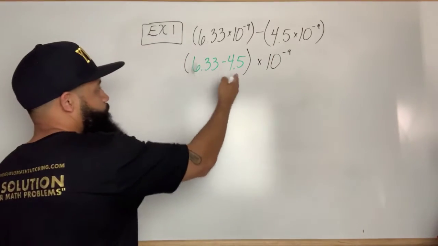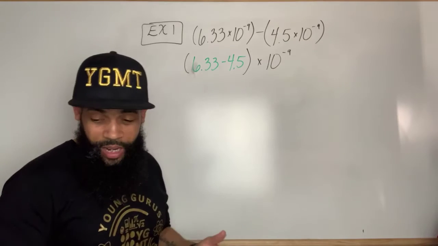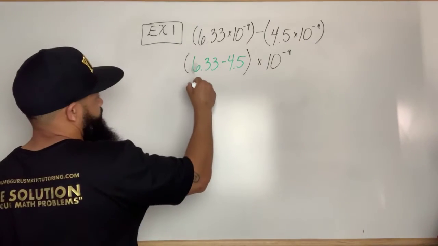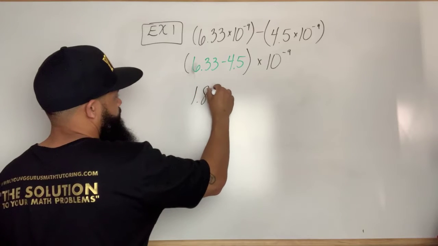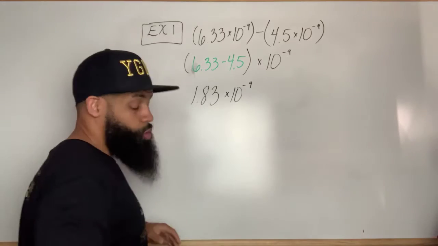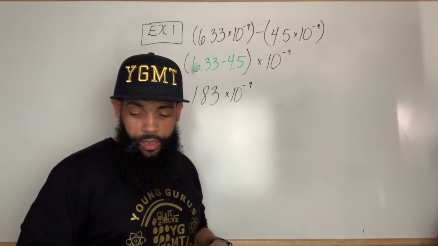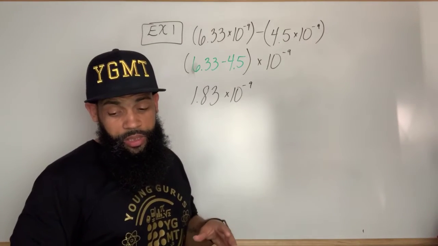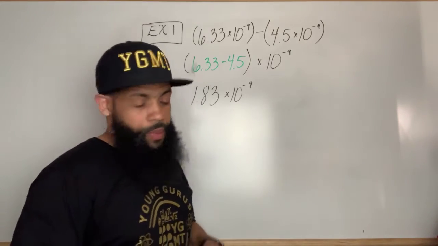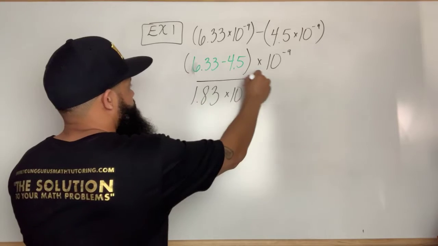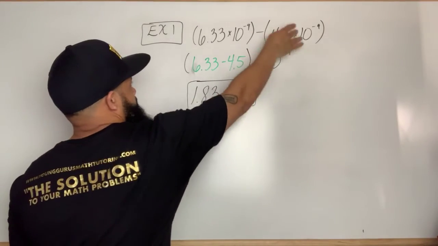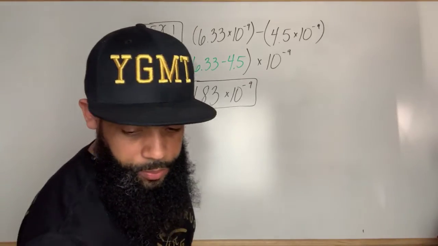Well, 6.33 minus 4.5 is going to give me 1.83, and then it's going to be times 10 to the negative 9th power. This is our final answer for example 1. All we did was subtract the first numbers because they have the same power of 10.